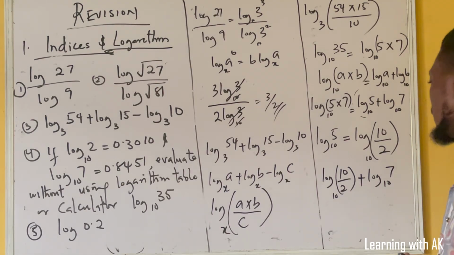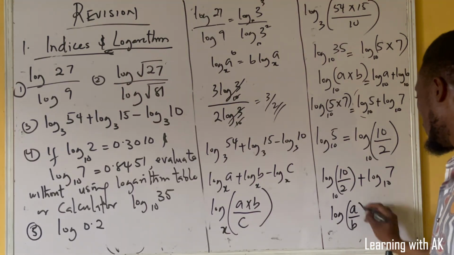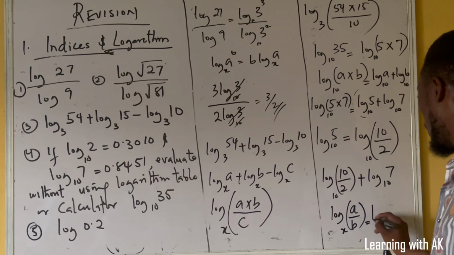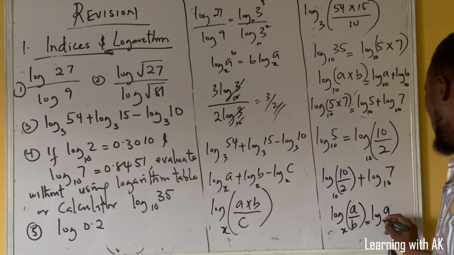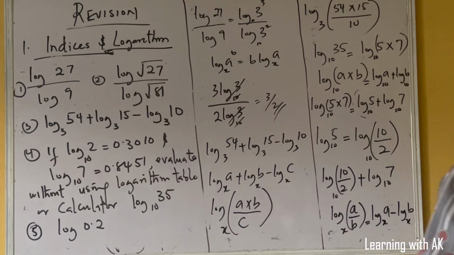The rule also says that if I have log a over b base x, I can write it as log a base x minus log b base x.